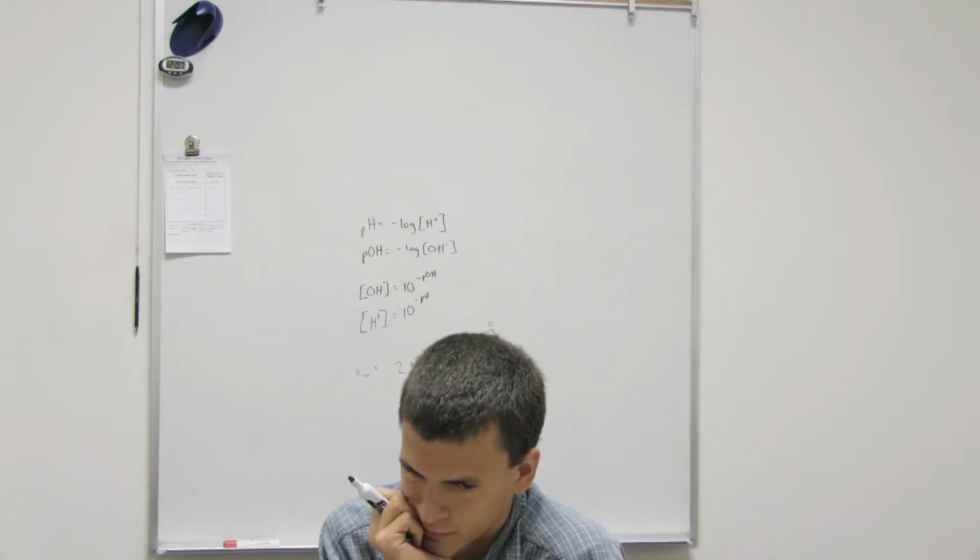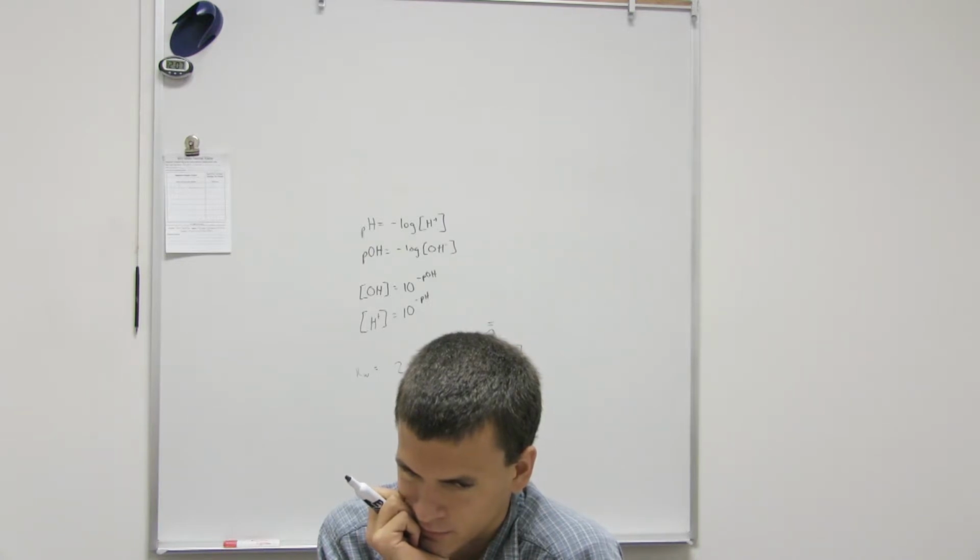Given the KW for water at 37 degrees, compute the pH of a neutral aqueous solution at normal human body temperature. Oh, this is just saying water in general, huh? So water for the most part is about 6.8 at 37 degrees.